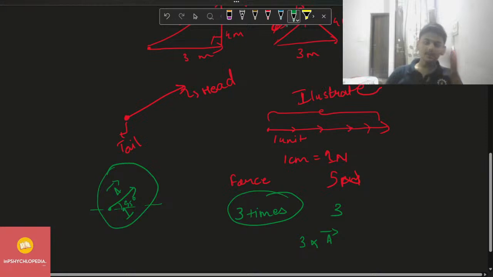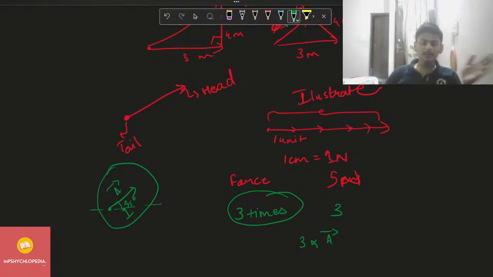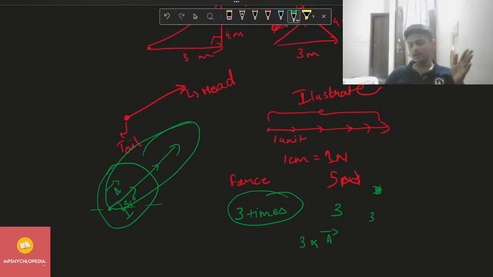Why? Because it will be nothing but the magnitude of this multiplied by 3, which is the length of this 3 times. So when we are multiplying a scalar quantity with a vector, what is getting affected here?